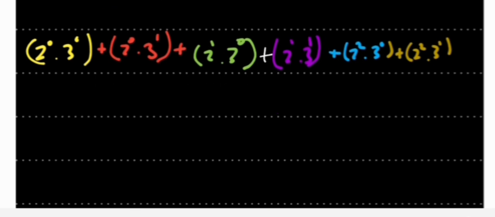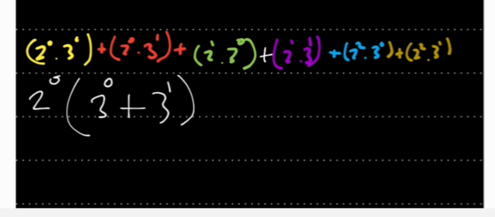Now look. Here we have 2 to the 0 multiplied by 3 to the 0 and 2 to the 0 multiplied by 3 to the 1, okay? So I'm going to take 2 to the 0 outside in evidence. So it would be 2 to the 0 multiplied by 3 to the 0 plus 3 to the 1, right? It is the same. If you multiply it out, you go back to this. So I didn't do anything fancy over here.